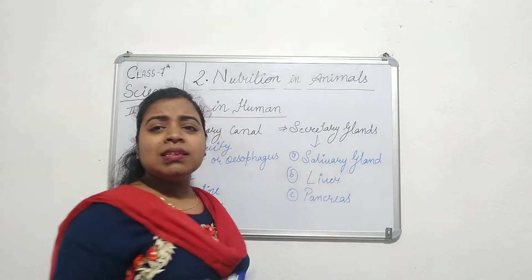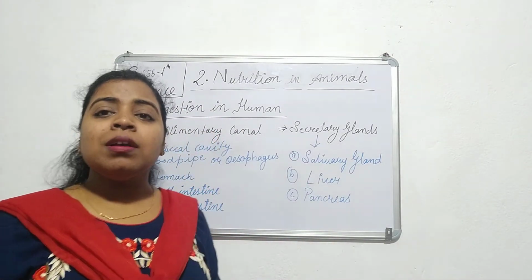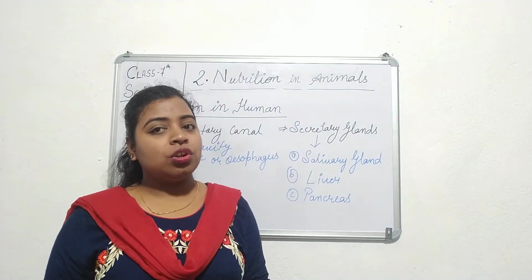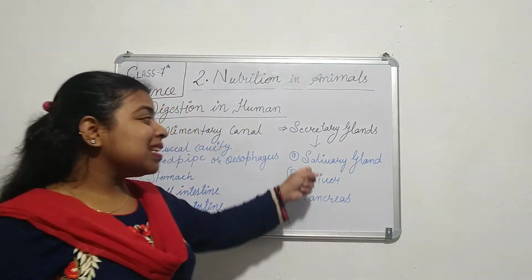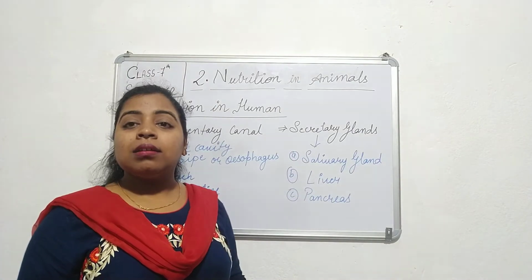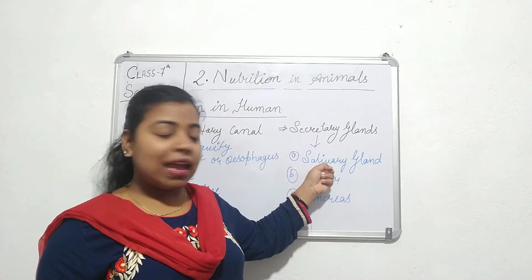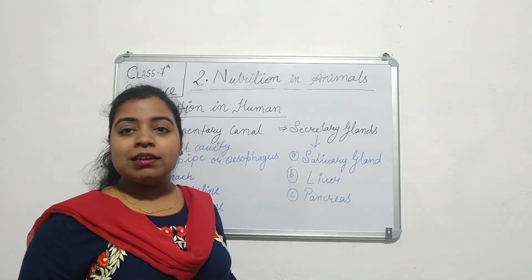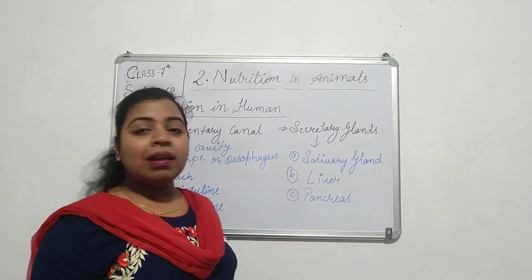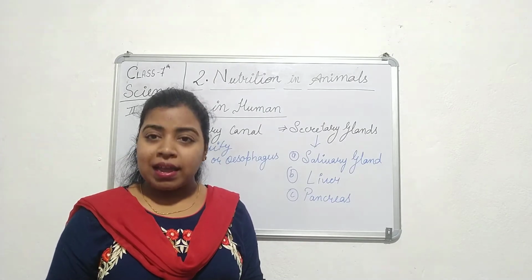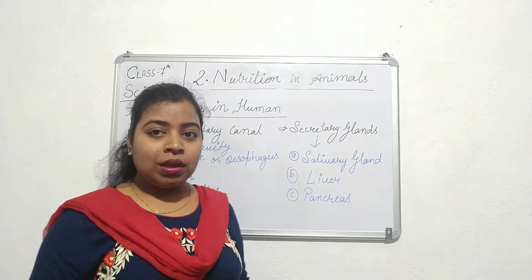Secretory glands secrete special juices which are helpful in digestion of our food. The salivary gland secretes saliva, the liver secretes bile juice, and the pancreas secretes pancreatic juice, which are helpful in the digestion of food.